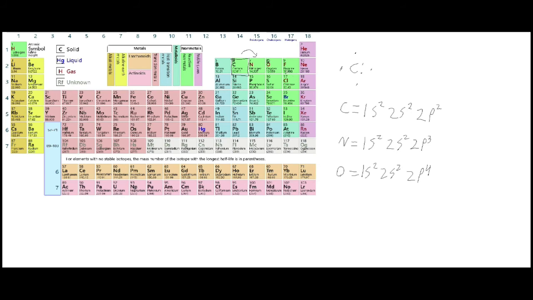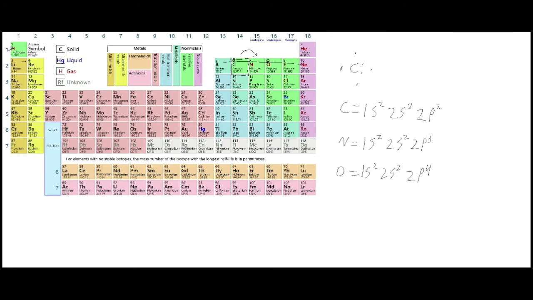So what's interesting with the periodic table is this sort of build-up, where the 1s, the 2s, and the 2p are all going to be in this second row down. We count hydrogen and helium as the first row.